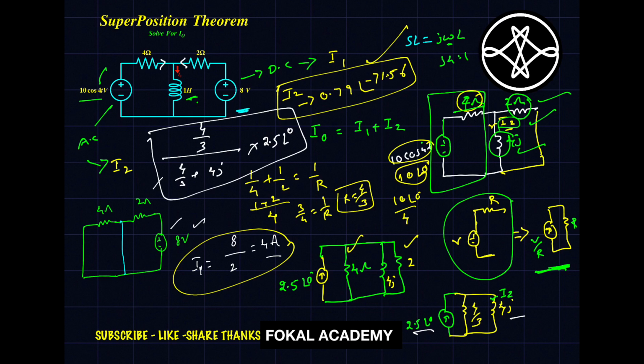But we want I0, and I0 is I1 plus I2. Now add these two and we get the I0 value.